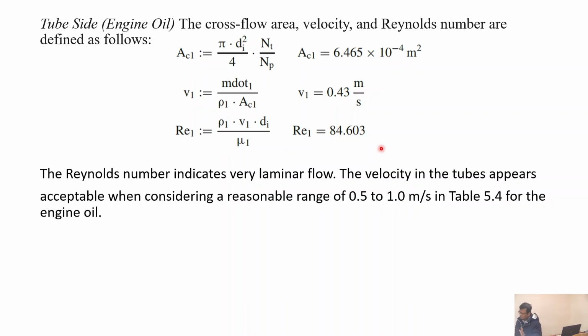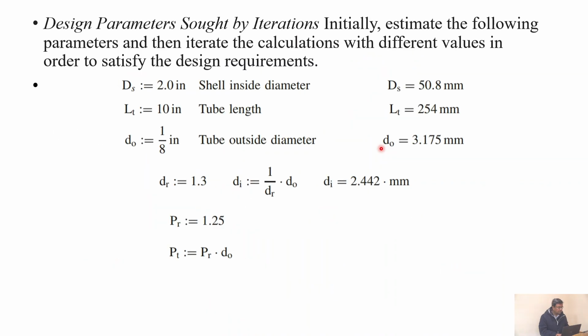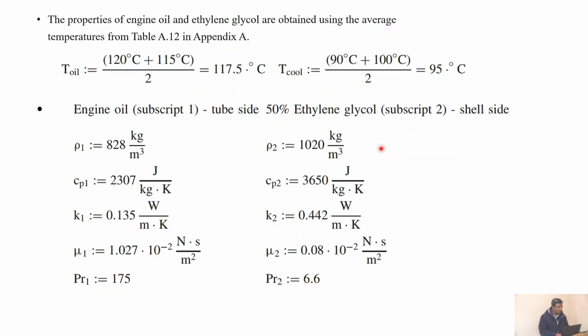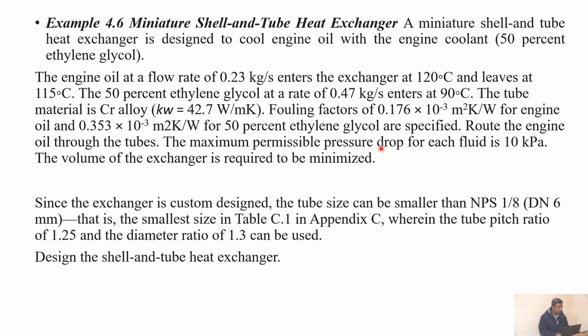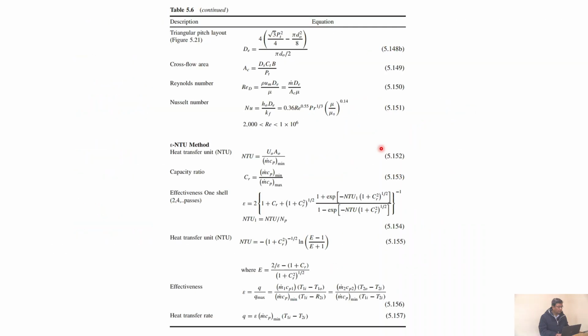So I jumped a few slides to just show you that you got the number of tubes, then you get this area, and use that area to get the velocity. If you get the velocity, you get a Reynolds number. If you get the Reynolds number, then you can go to the correlations that you have. So the correlations are listed in this kind of a long table.